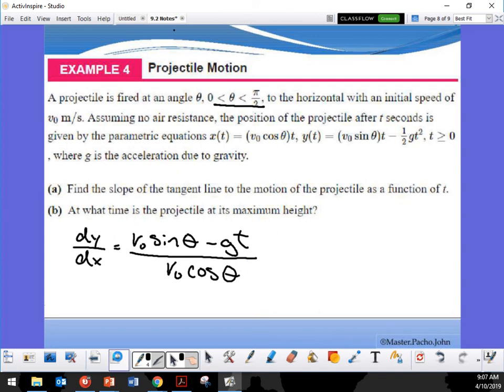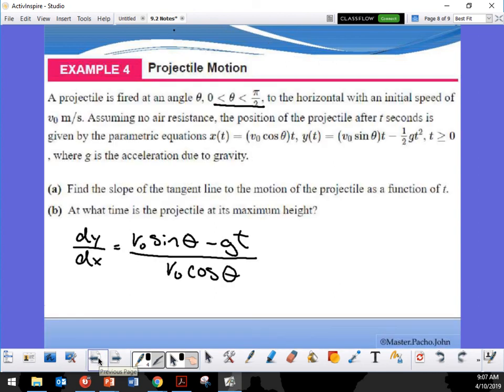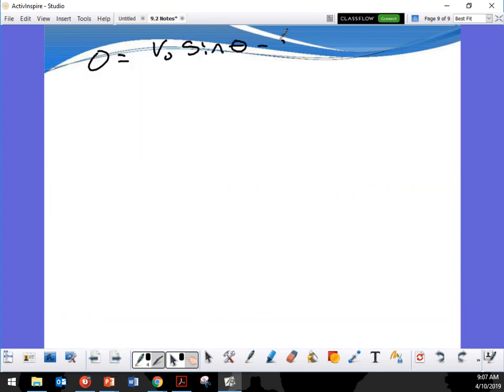So let's do my math. So 0 equals v sub naught sine theta t, right? Or just sine theta? No, it's just sine. And then it was plus, minus, is it minus? Yeah. So it's minus gt, all over v sub naught cosine theta.